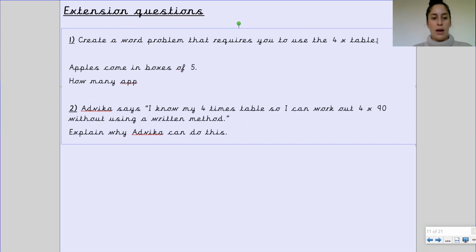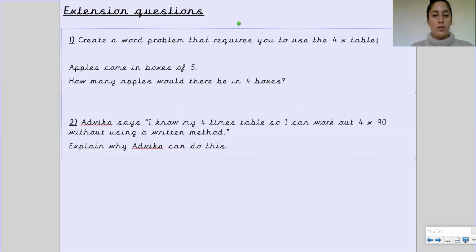How many apples would there be in 4 boxes? So this is a perfect example of a worded question that requires the 4 times table for you to get the answer. So what number sentence would you write to solve this problem?